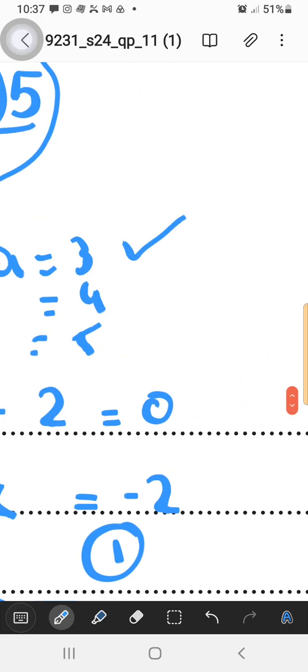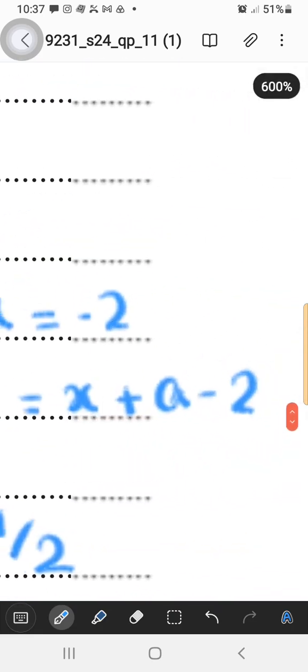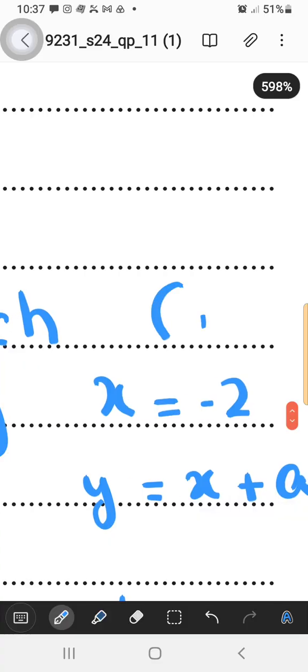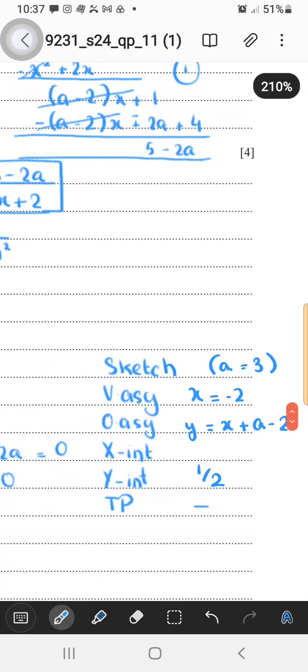In this case, I am going to assume a equal to 3. We are assuming, but we don't mention this in the sketch.